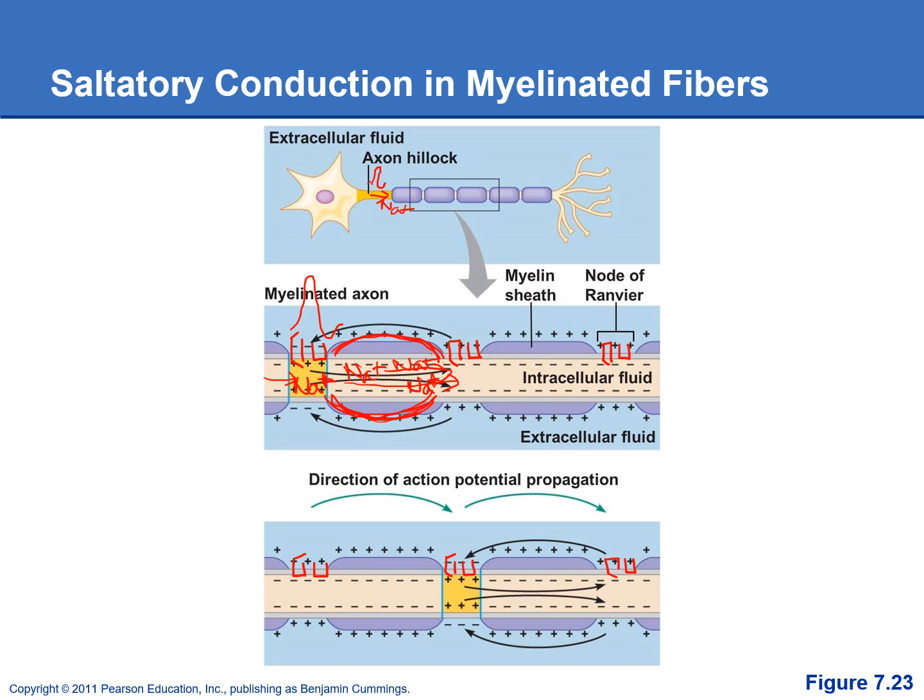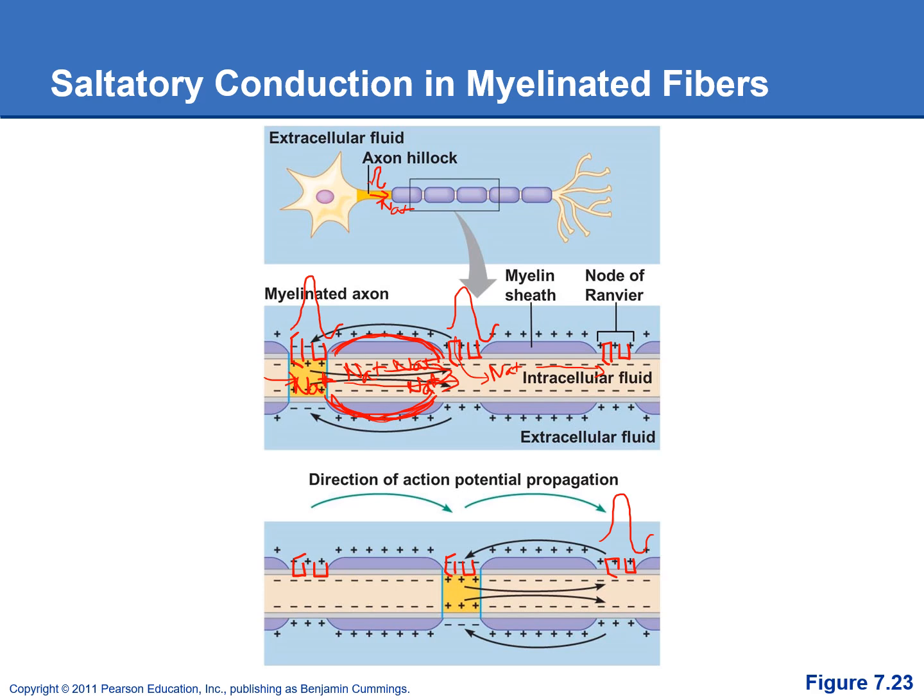We trigger the opening of our next voltage-gated sodium and potassium channels. We create our next action potential. We get more sodium ions coming in, and then they flow down to the next node of Ranvier, and then we'll open up our next set of voltage-gated sodium-potassium channels and create our next action potential.